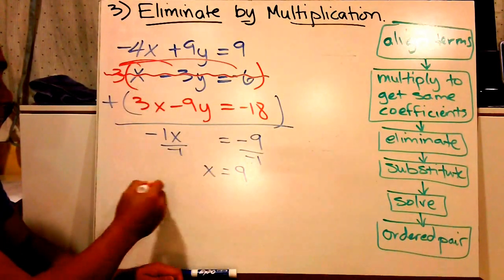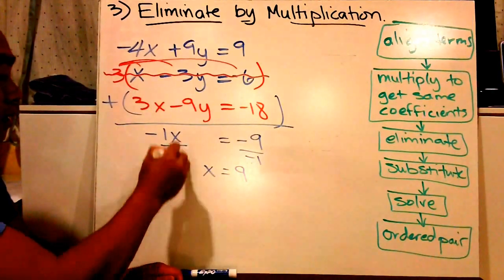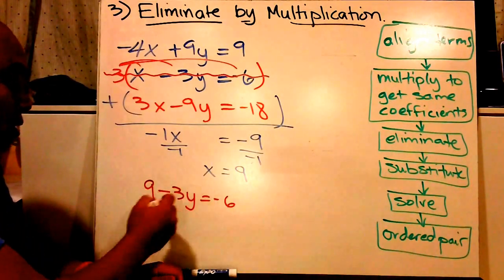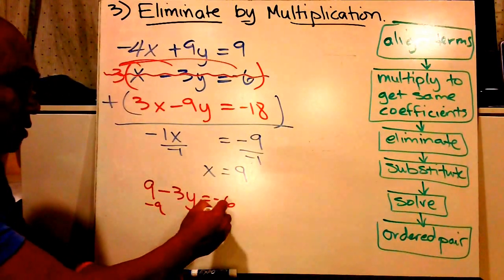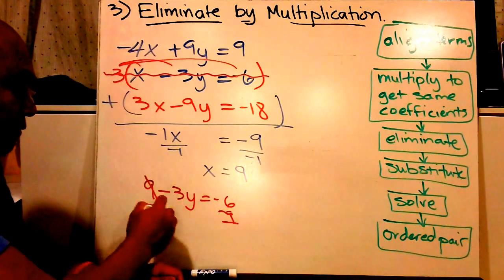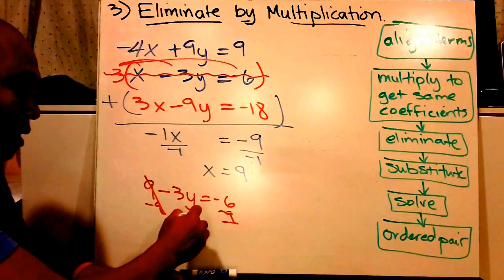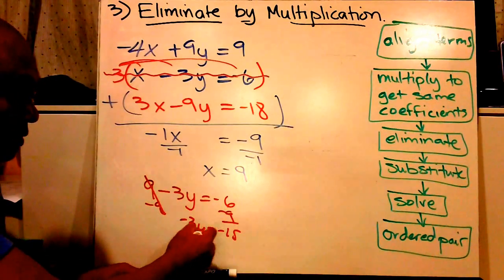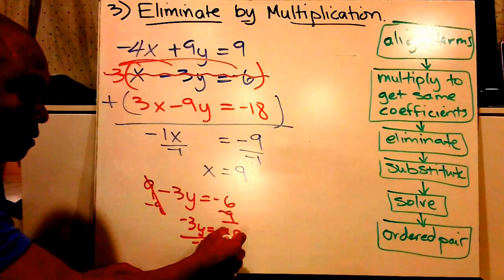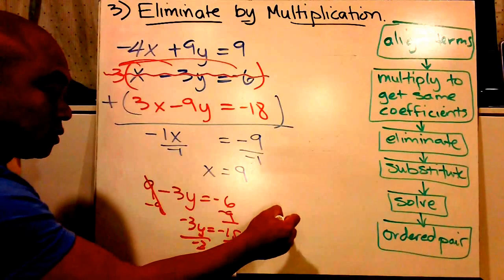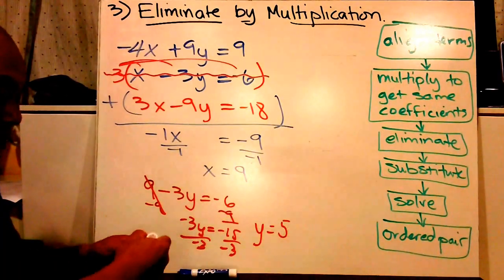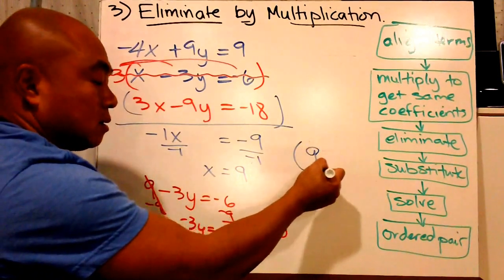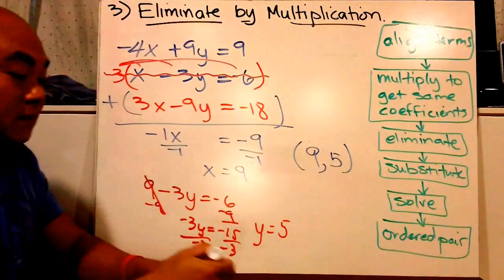If I do that, that's going to give me 9 minus 3y is equal to negative 6. I'm going to subtract 9 from both sides. I now have negative 3y is equal to negative 15. Divide both sides by negative 3. And I have y is equal to 5. I now have our 2 points, which is going to be 9 and 5.